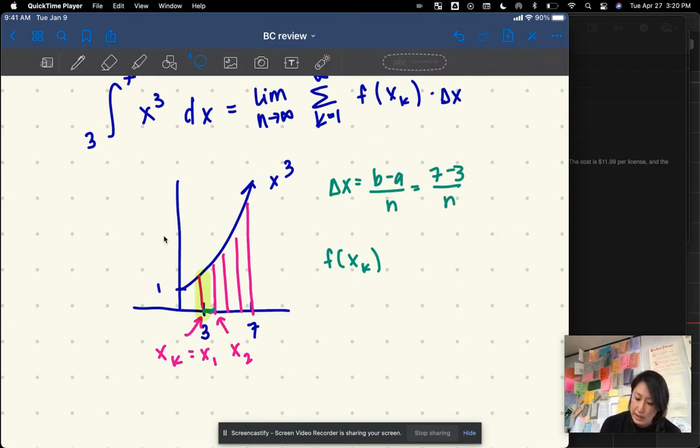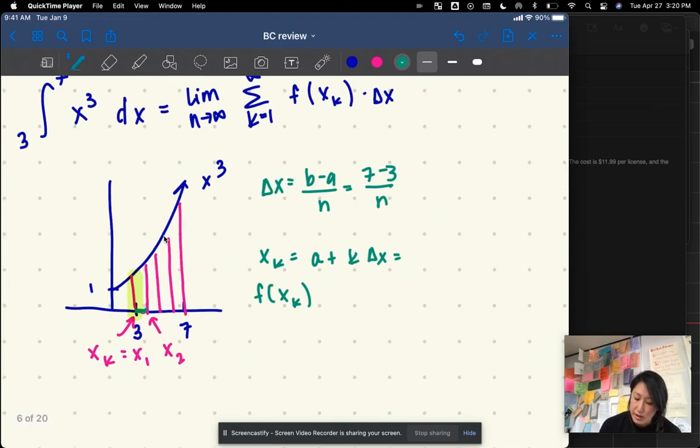So to get the x value, we write x sub k is equal to a plus k times the change in x. So in our case, our a value is 3, plus k times delta x, which is, oh wait, I never finished this.